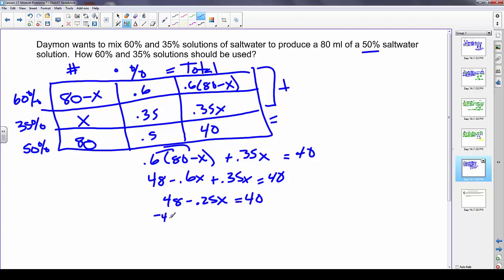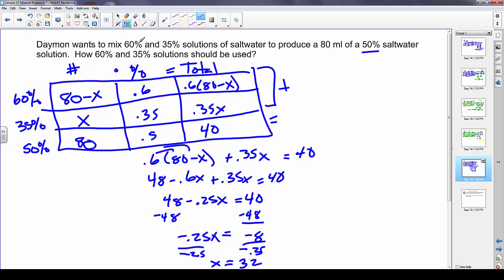Subtract 48 from both sides. 40 plus negative 48 is negative 8, equal to negative 0.25x. And if I divide negative 8 by negative 0.25, I get x equaling 32.